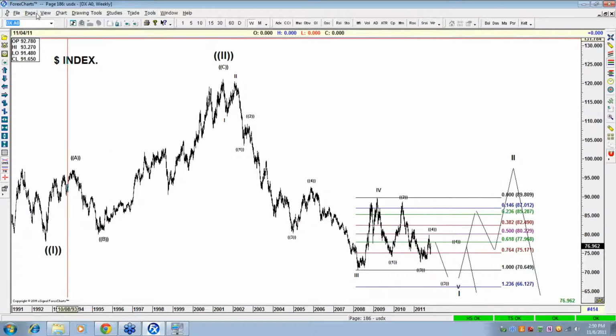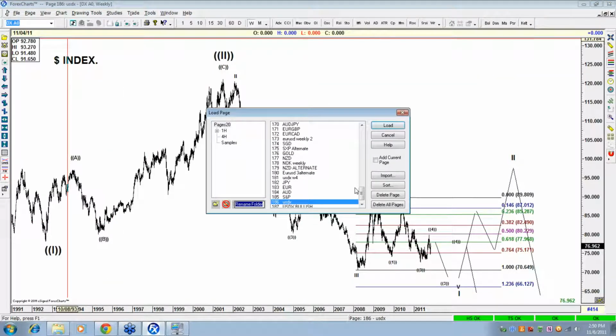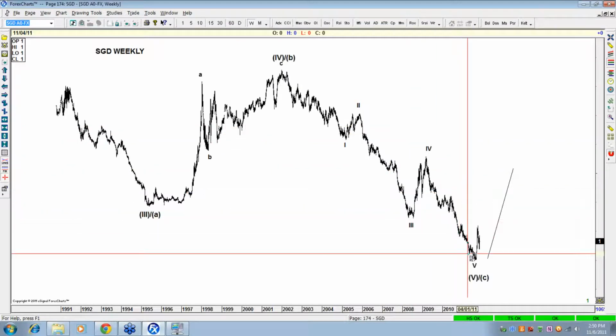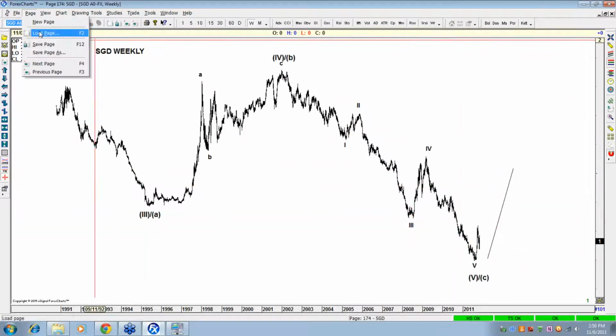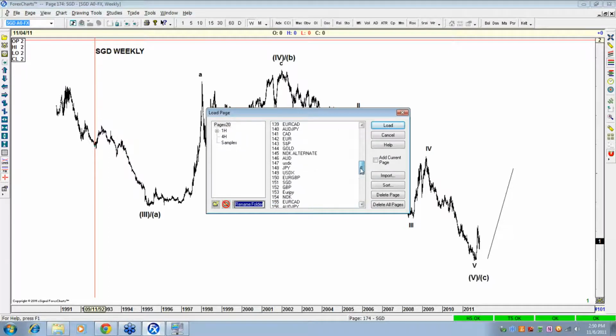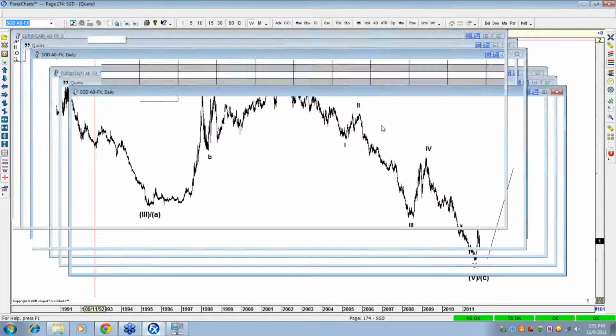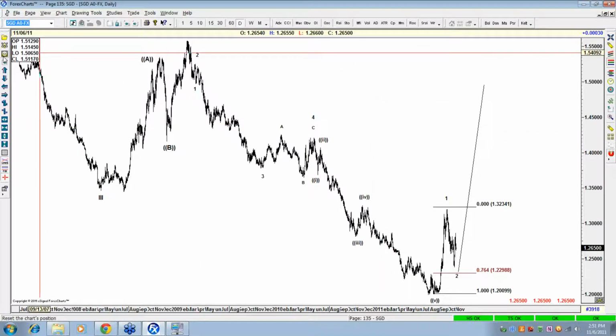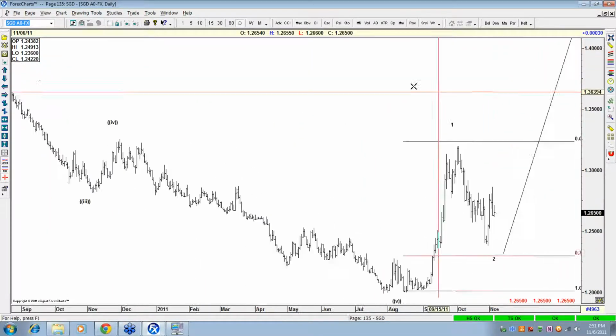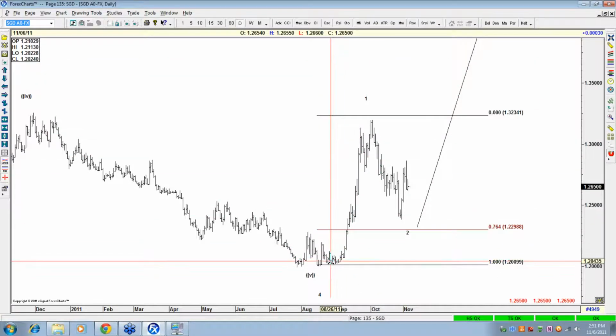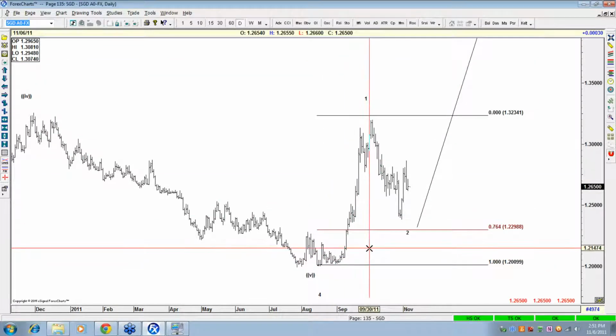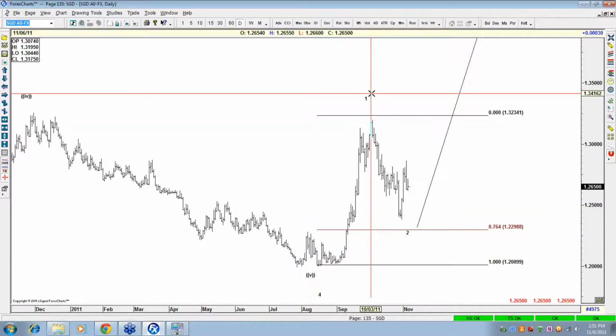All right? Now, the rest of the pairs, as you guys know, everything is a toss. The Singapore dollar gives me confidence because I see a clear 5-wave move out of the lows. And I've been trying and trying to find a way to say, oh, it's cheating. The 5-wave move is a cheater. And I don't find it. I believe that it's a very good structure, a 5-wave move.